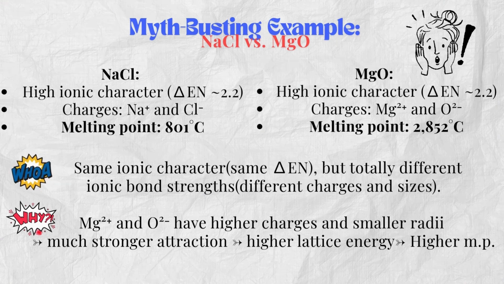The difference between electronegativities in NaCl and MgO are both 2.2, meaning they have high ionic character, and because it's above 1.8, they are ionic compounds. But sodium chloride has a melting point of 801 degrees Celsius, whereas MgO has a very high melting point of 2852 degrees Celsius.